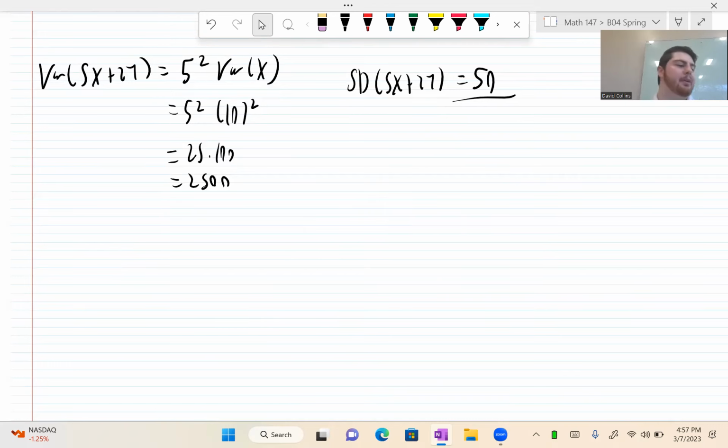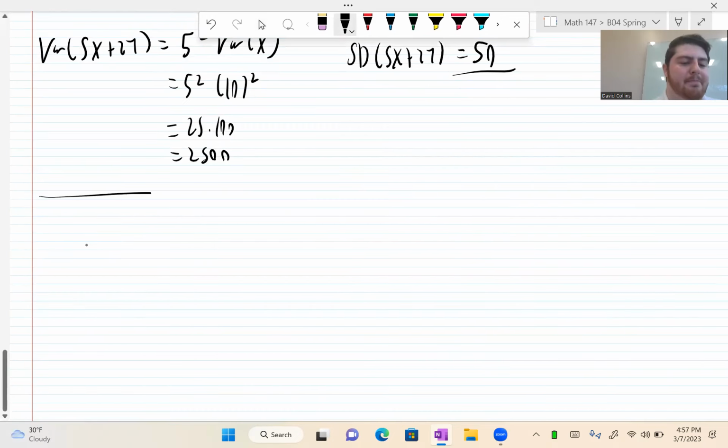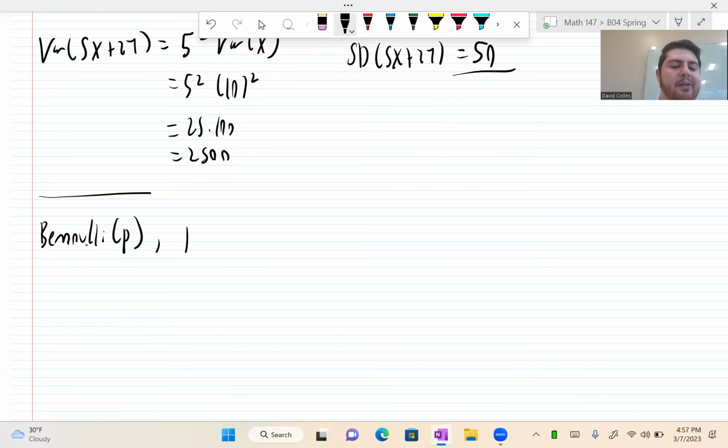The first type of probability model, I might say distribution, same thing, is Bernoulli. Usually written Bernoulli(p). What this means is it only depends on a probability p.